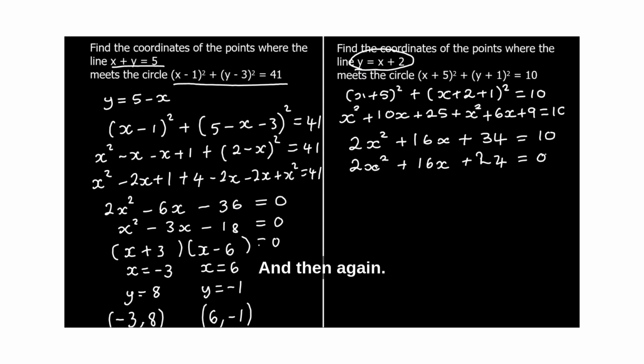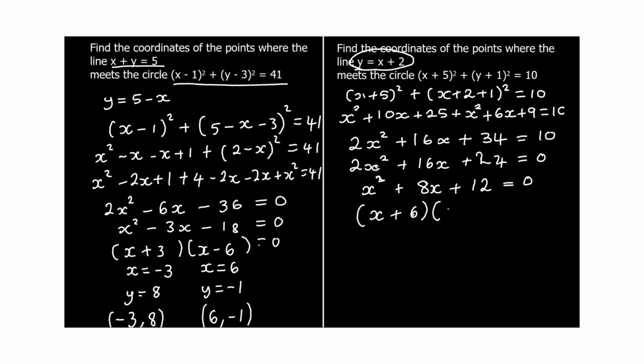And then again, we can make it easier by halving each term. And this one factorizes, so it's 6 and 2. So (x plus 6)(x plus 2).